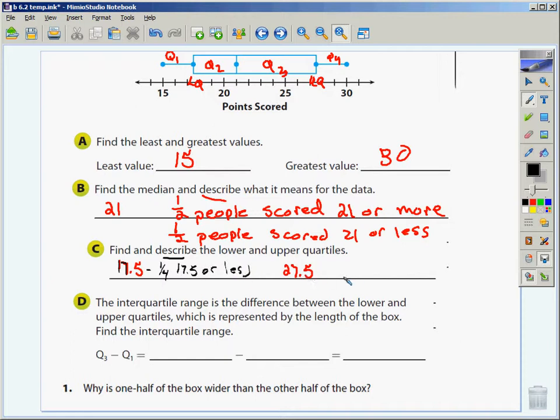What does the 27.5 say? One-fourth has 27.5 or more.